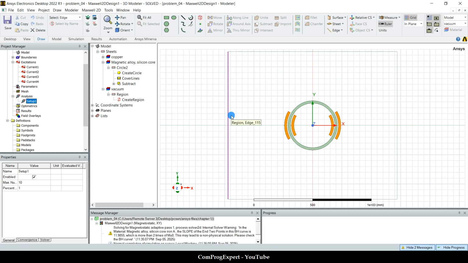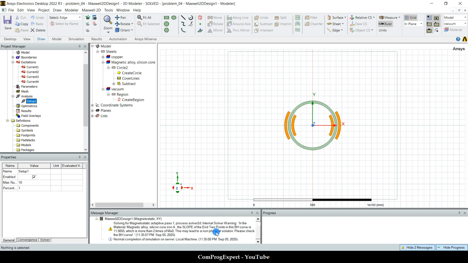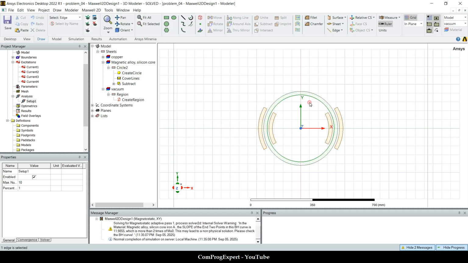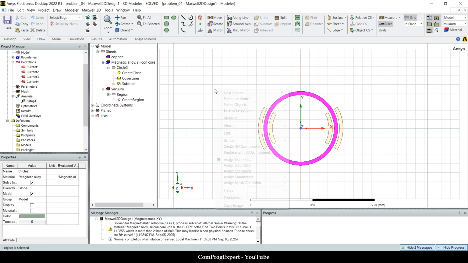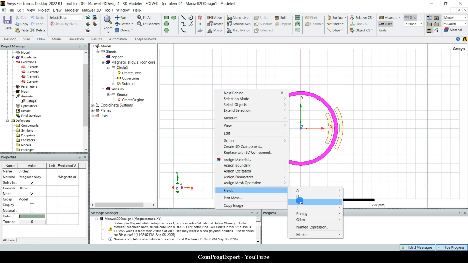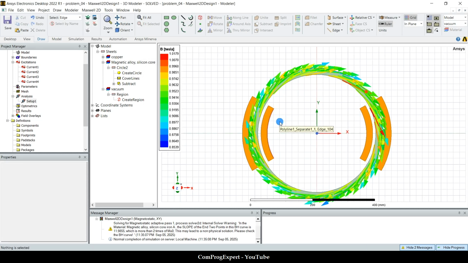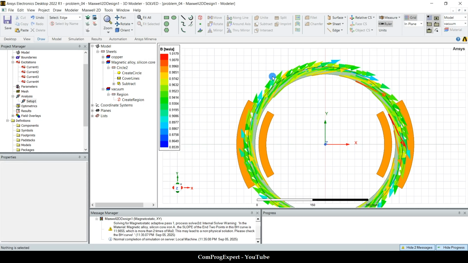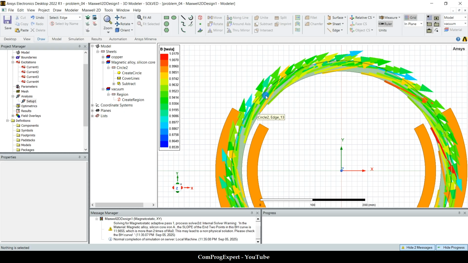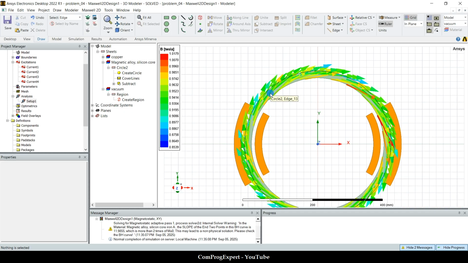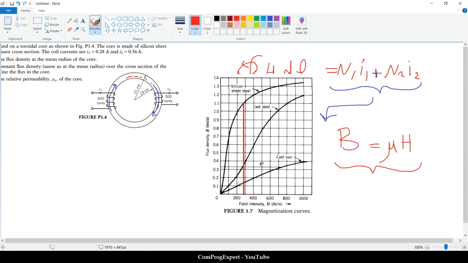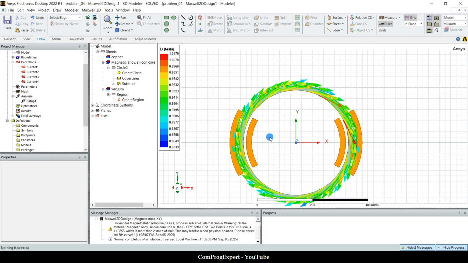When we solve this problem, the problem is solved. We can select the iron, plot B vectors. Okay, you can see the B vectors. The direction of the B is clockwise, right? Due to the direction of the excitations that we discussed inside the core.